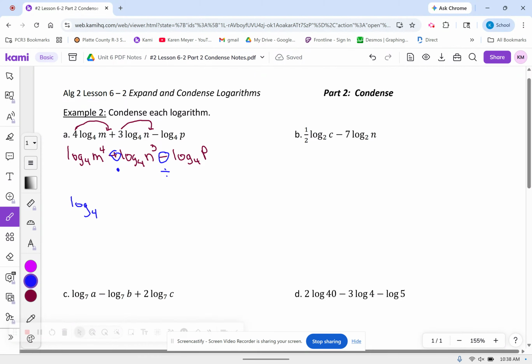And then off to the side, I'm going to have m to the 4th, n to the 3rd. And since I'm multiplying those, I'm going to write them right next to each other. And then I'm going to take both of those and divide them. So I'm going to make a fraction, since I'm dividing, by the letter p. And then that will make your final answer.